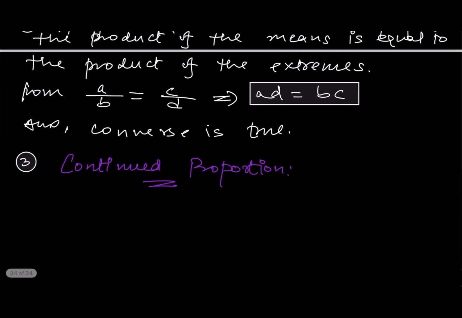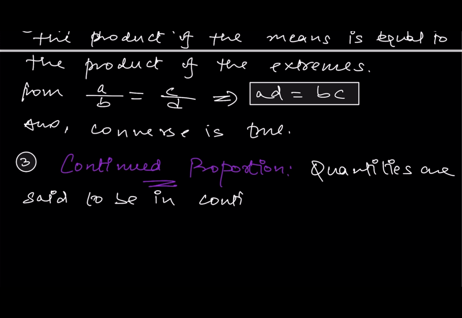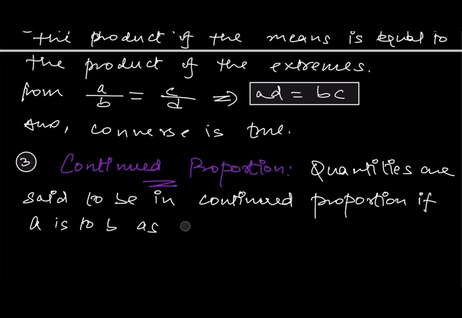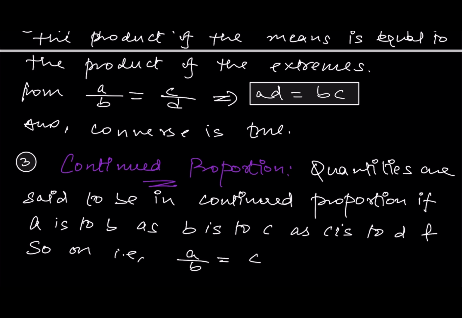So continued proportion is, in this we will write quantities are said to be in continued proportion if A is to B as B is to C as C is to D and so on. That is what? A by B is equal to B by C is equal to C by D is equal to and so on, right?